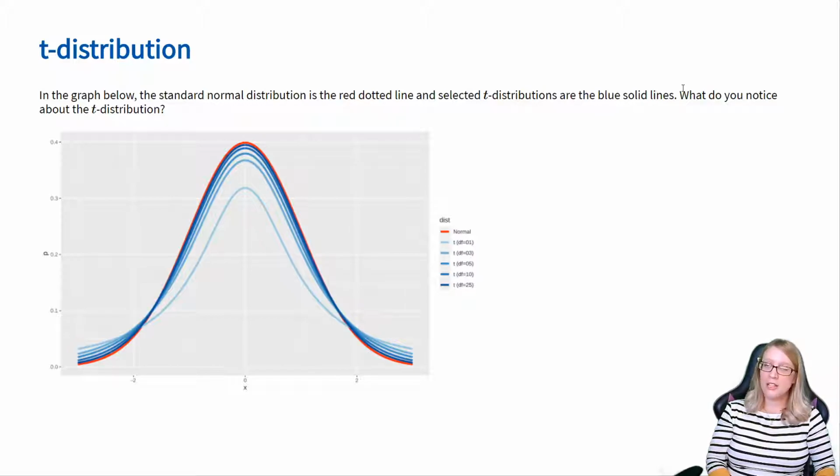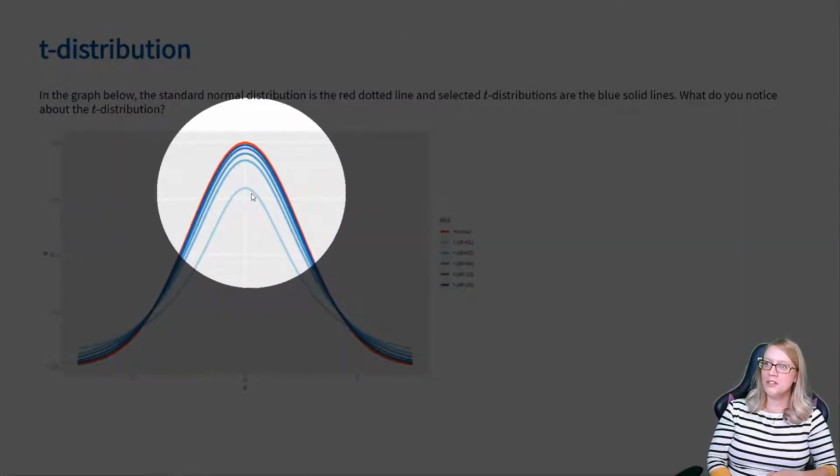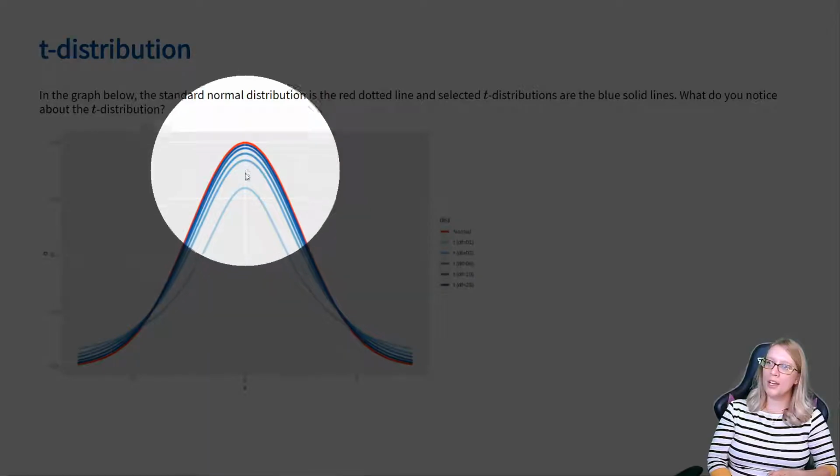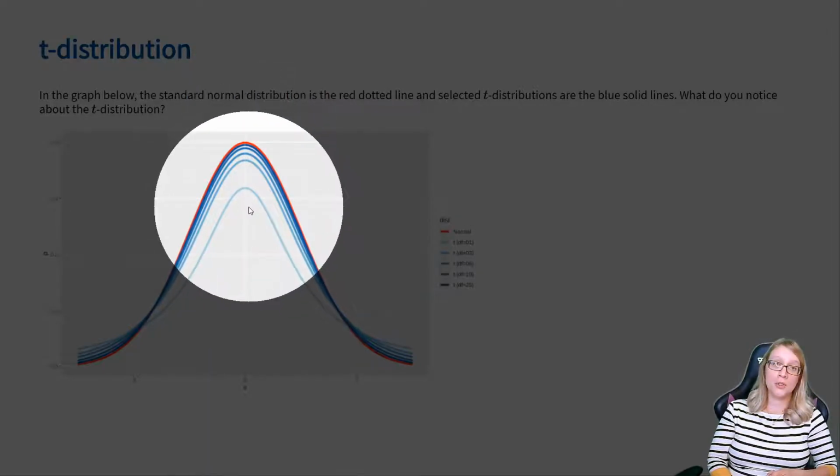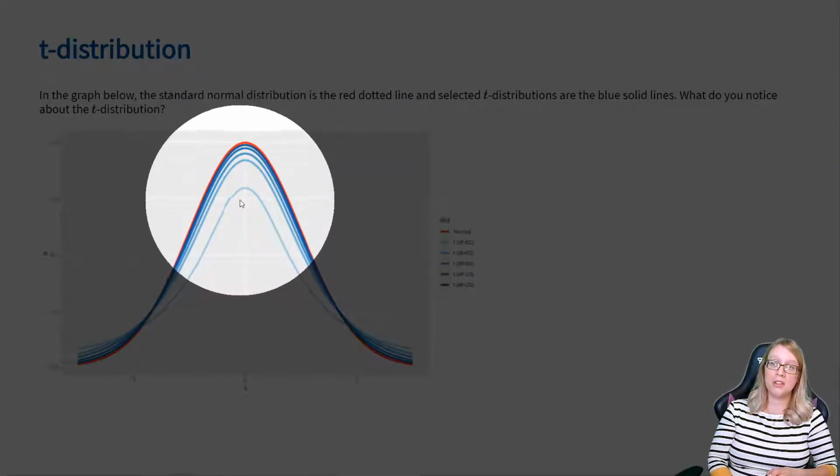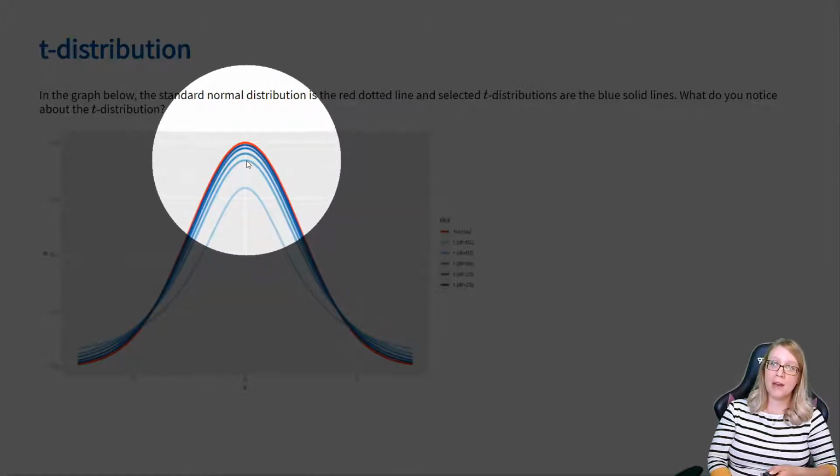There are several different choices for the t-distribution, which is kind of a downside of this. However, notice what happens as the blue line gets darker. As the blue line gets darker, we're increasing a parameter associated with the t-distribution, something called degrees of freedom. Look what's happening.